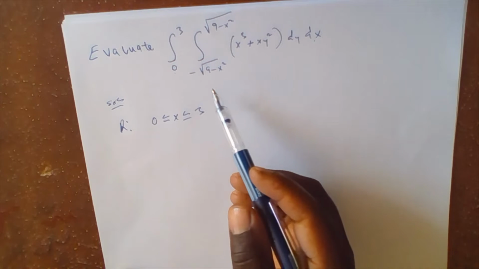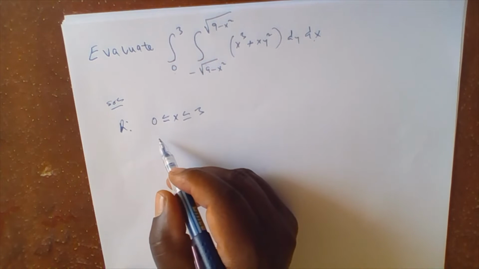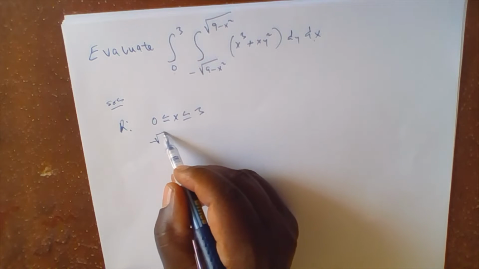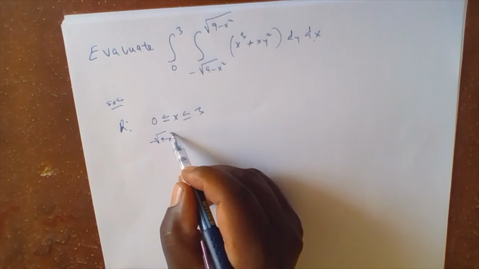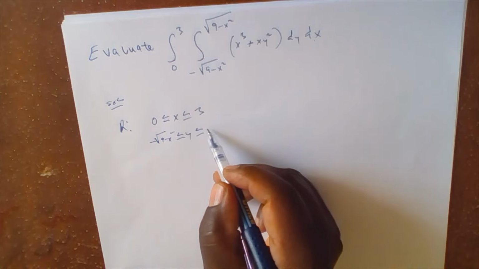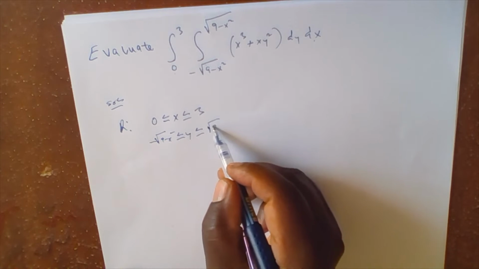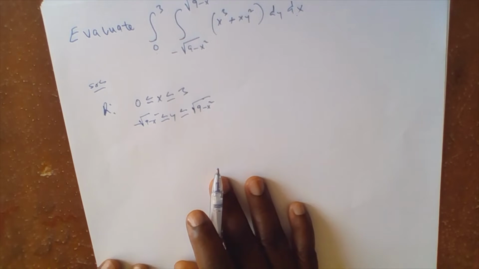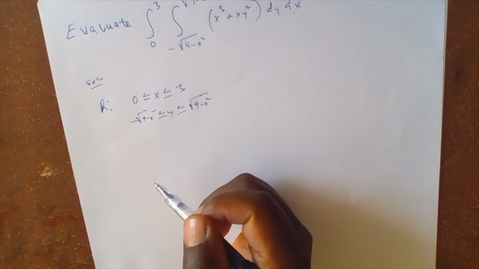This is the region. And for y, the region is from minus the root of 9 minus x squared to positive root 9 minus x squared. Now this is the region.